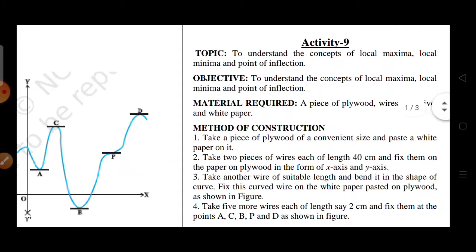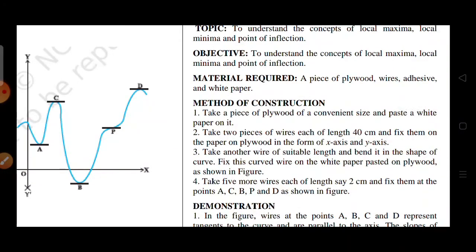Number 3. Take another wire of suitable length and bend it in the shape of a curve. Fix this curved wire on the white paper pasted on plywood as shown in the figure.